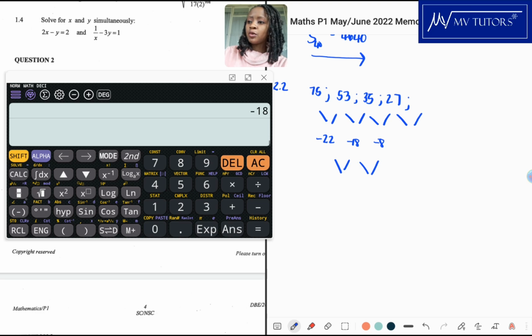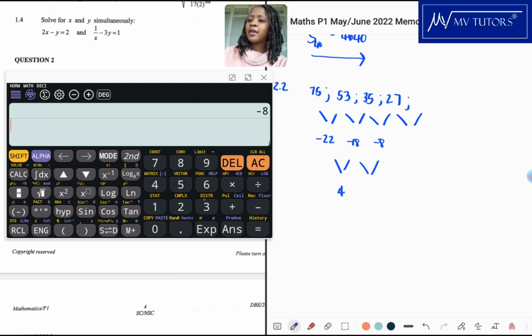But if you're not sure, put in the calculator negative 18 minus negative 22, so that gives you 4, right? Again, okay, no, did I put the right thing? 27 minus 35, yeah, it's negative 8. So if I go negative 8 minus negative 18.